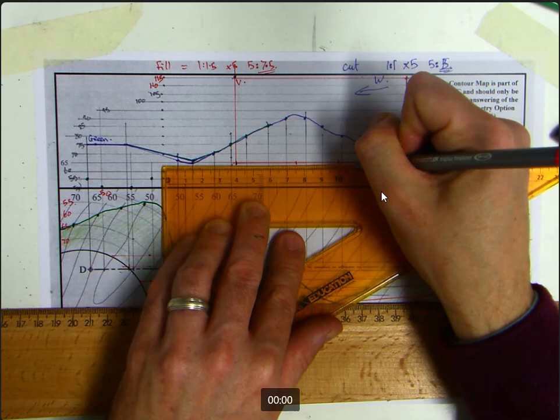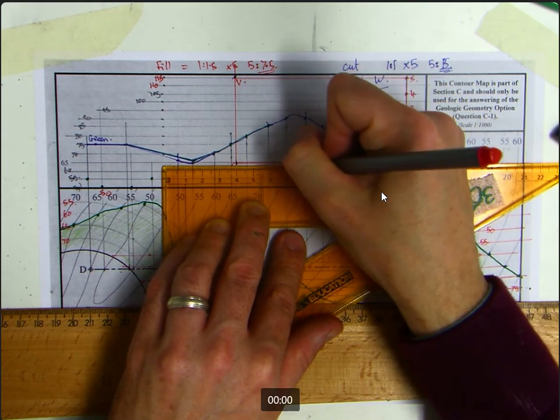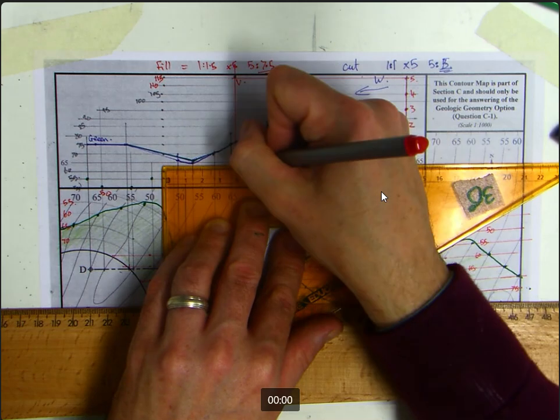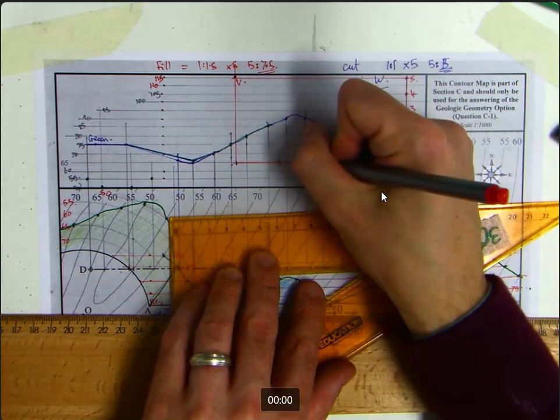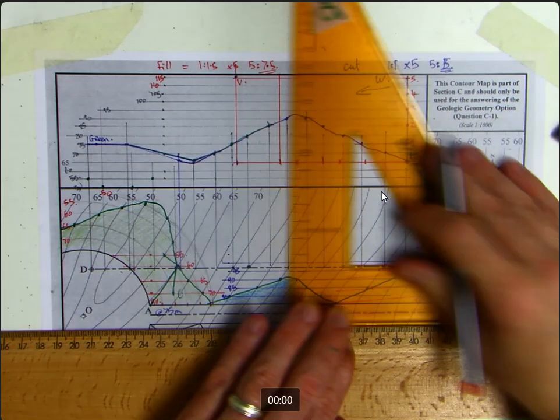25, 50, 25, 50. Okay. So these will be verticals.